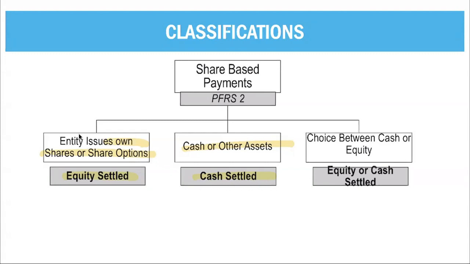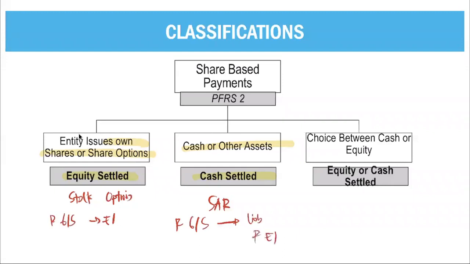We normally call cash settled share appreciation rights, and equity settled stock options. Remember, here you receive goods or services and you pay with equity instruments. Here you receive goods or services, but you will pay a liability based on the price of your equity instruments. Okay, so it is indexed on your equity instruments.